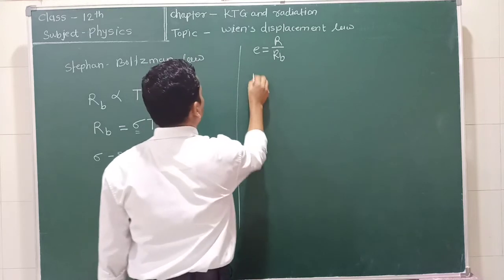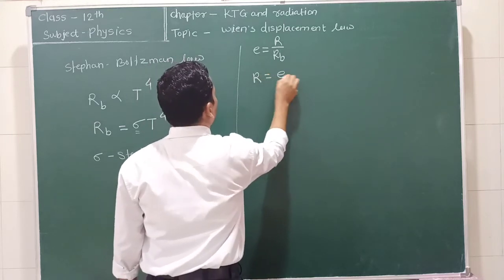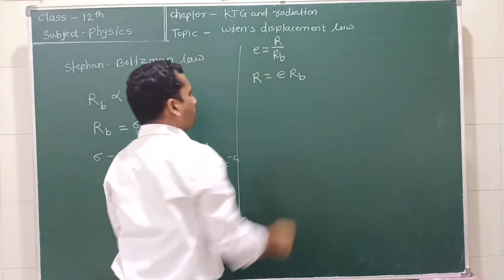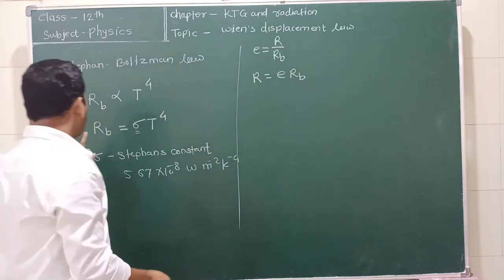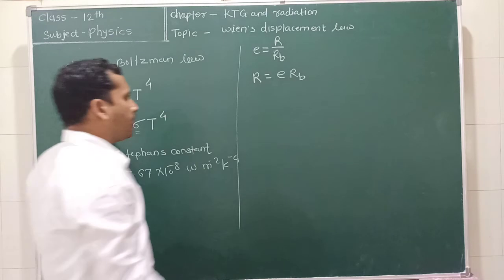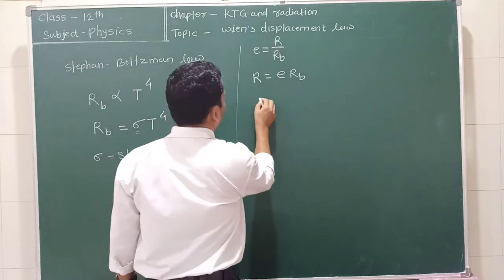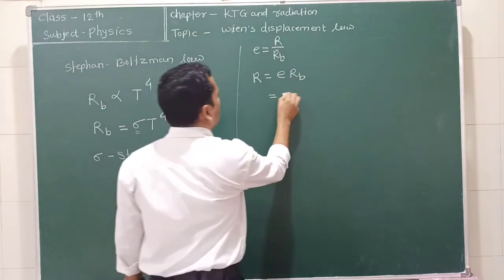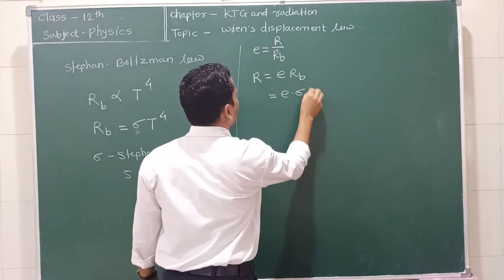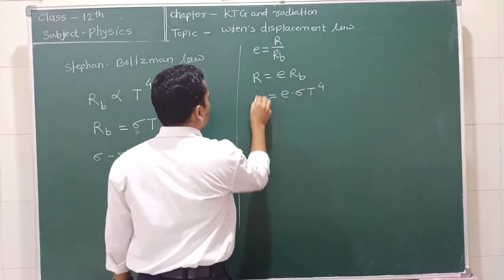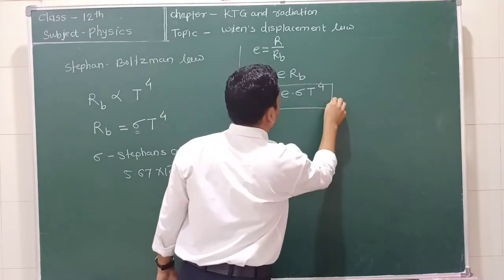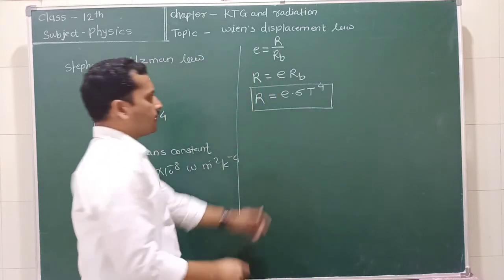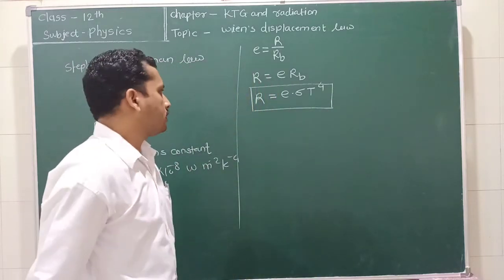So we can write R is equal to E multiplied by RB, where E is the coefficient of emission and RB is the emissive power of the black body at the given temperature. So R is equal to E multiplied by sigma multiplied by T to the power 4. This is the Stefan-Boltzmann law in the case of ordinary bodies.